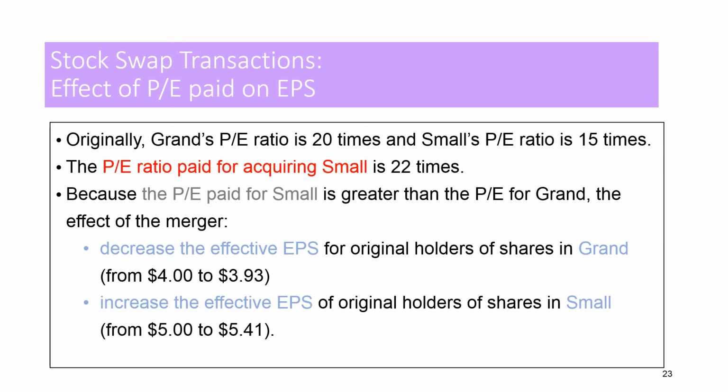A good measure is to analyze the P/E ratio paid to acquire Small. If the P/E ratio paid to acquire Small is greater than the P/E ratio of Grand, the merger will cause the earning per share of Grand to fall. On the other hand, the earning per share of Small will rise.